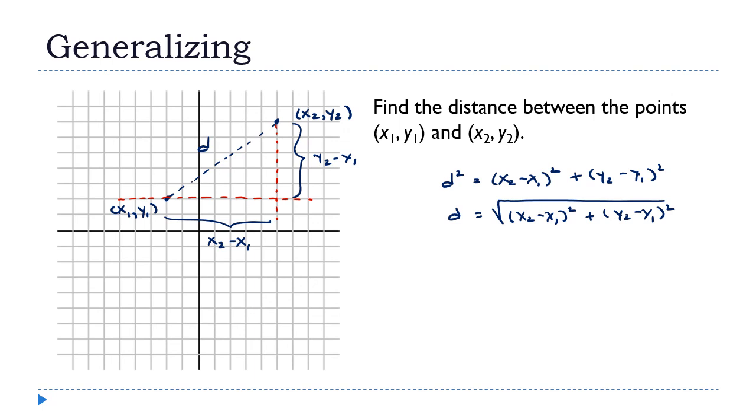All right, that's my formula for finding the distance between 2 points. And especially when things are new, it's helpful to have tools for remembering these things. What do we do? We take the difference of the x values and the difference of the y values, square them, add them together.